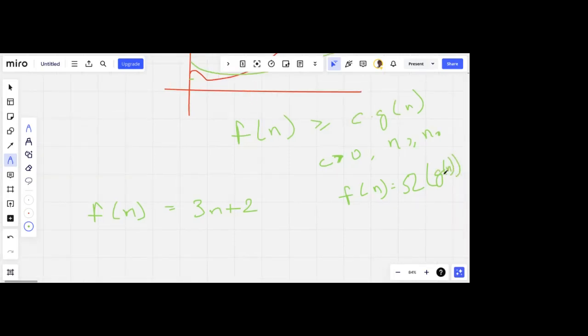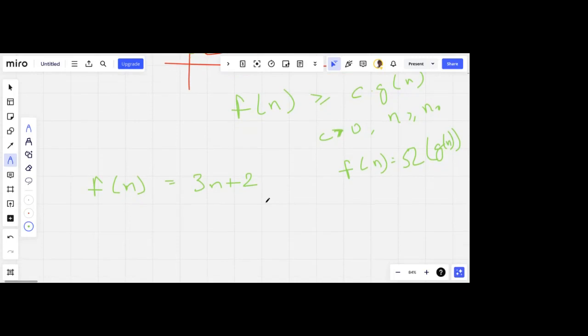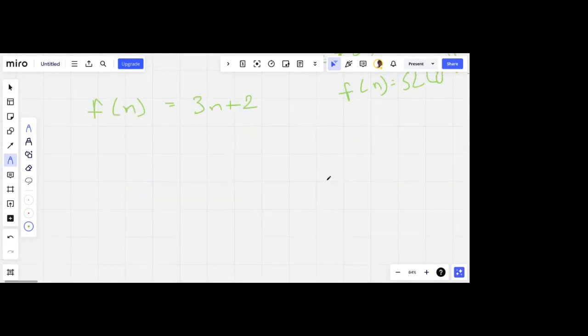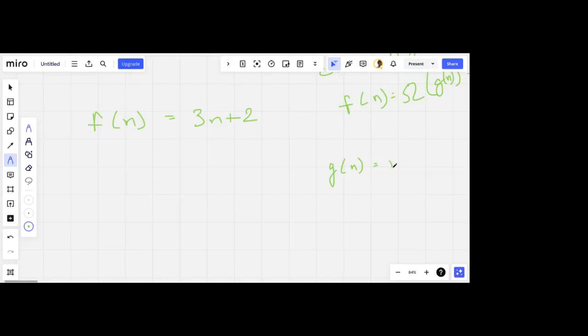Okay, now guys, just see this. So f of n is 3n plus 2. Now just take any value n. For now let's consider g of n is equal to root n.